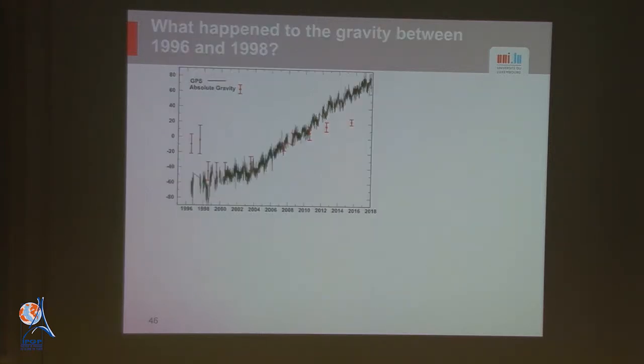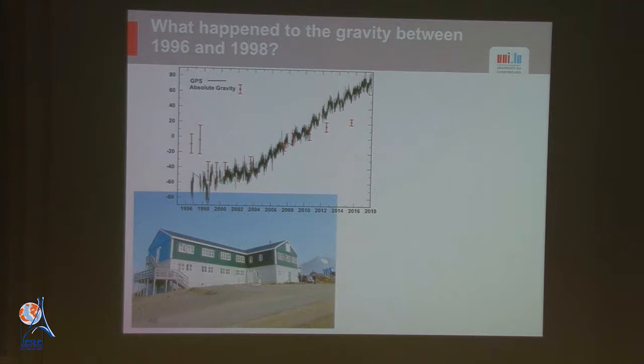One thing to notice about the absolute gravity is that we have these 2 points out here, and then everything else seems to kind of work together after that. The first thing that happened is that when we started this experiment in 1996, this hotel didn't exist. And by the way, this is the GPS site there, and we'll install the absolute gravimeter right beside it in a tent.